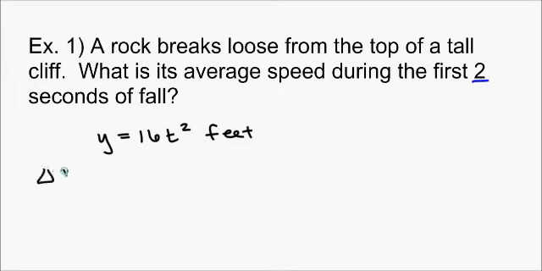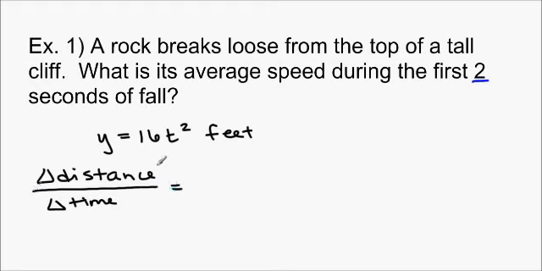So we've already established that speed is change in distance over change in time. Those triangles are delta. Remember, delta means change. So our distance is y, so delta y, over time is t, so delta t.